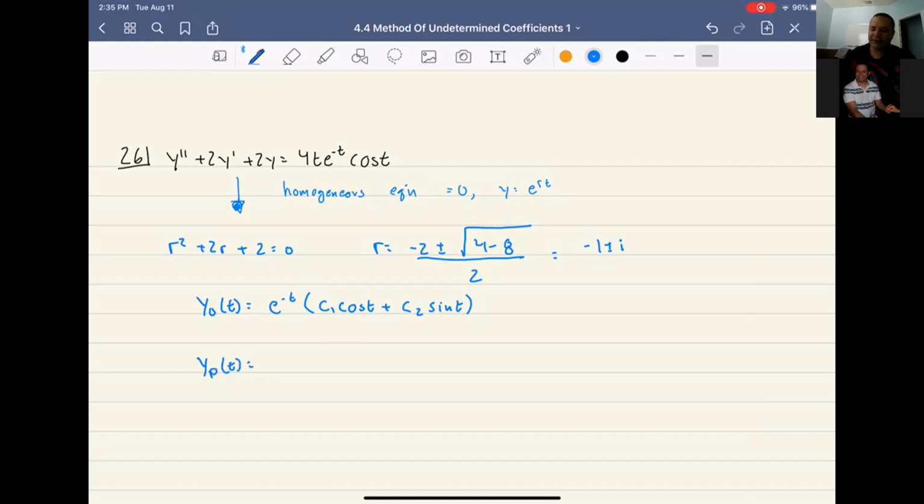is going to be, looking at the form on page 176, t to the 1, because s equals 1, e to the -t (at plus b) cosine t plus t e to the -t (ct plus d) sine of t.